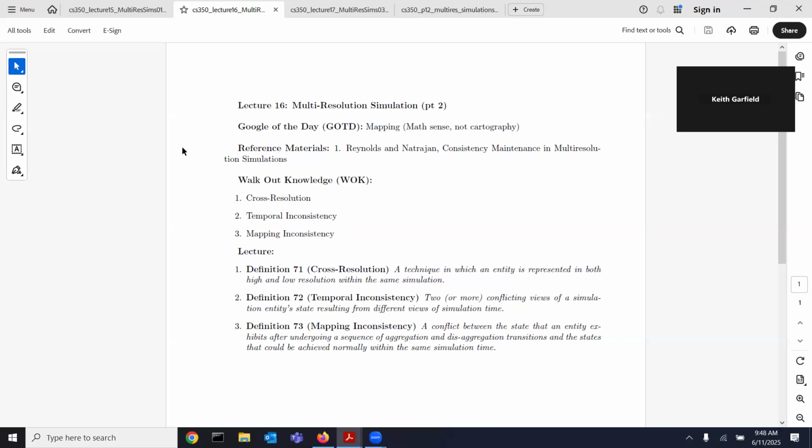Part of that is about aggregation and disaggregation. Part of that can be about updates based on the temporal inconsistency. So the aggregation disaggregation problem, as you would expect, comes in where I say, okay, I've got my 4 tanks, I know exactly where they are, I aggregate, and now later I disaggregate.